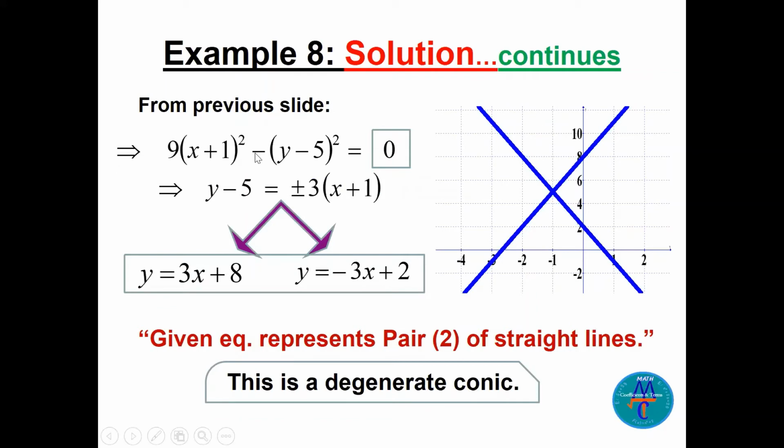Something squared minus something squared equals 0. Take this to the other side and take the square root of both sides. So y minus 5 equals plus or minus 3(x + 1). If you take the two cases here, y will be 3x plus 8, that's a straight line. The other one, y equals minus 3x plus 2, the other straight line. So when you graph it, two straight lines.